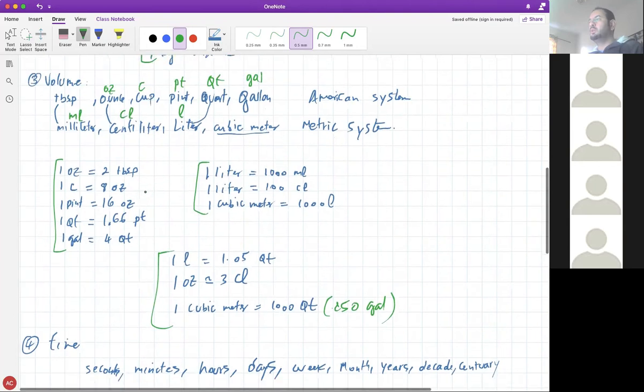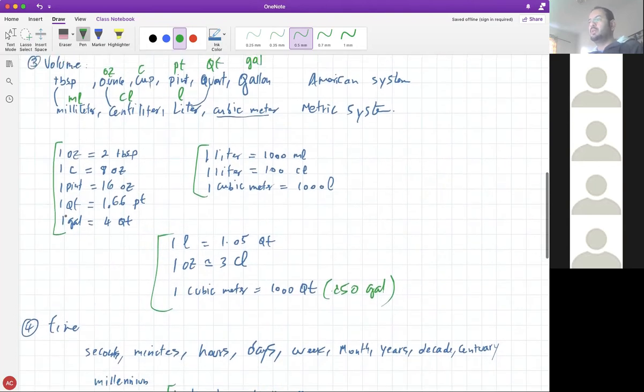So do we have a formula here that links directly ounces and pints? There's no formula that links ounces and pints. But we have pints out here, ounces out here, but we don't have them in the same formula, but they both basically share something. They share ounces, these formulas. So what we're going to do first is take ounces and turn them to cups, and then turn the cups to ounces.